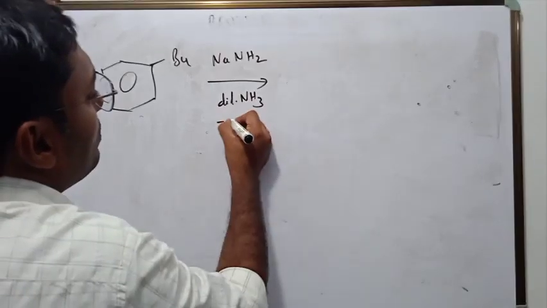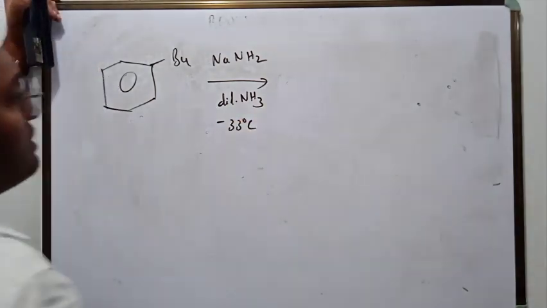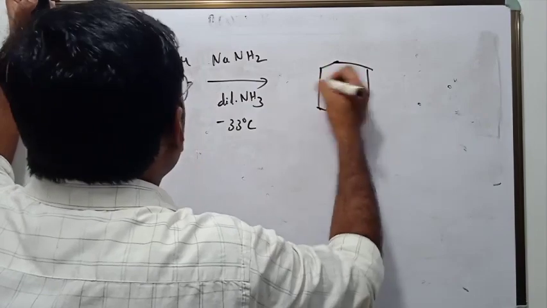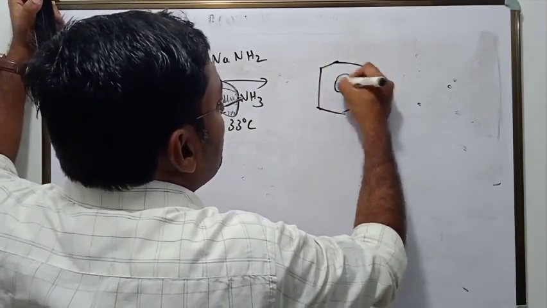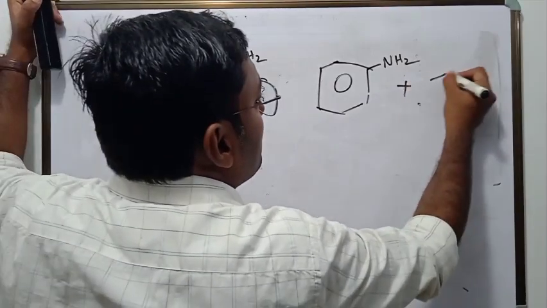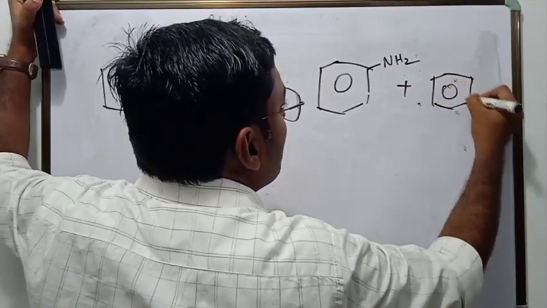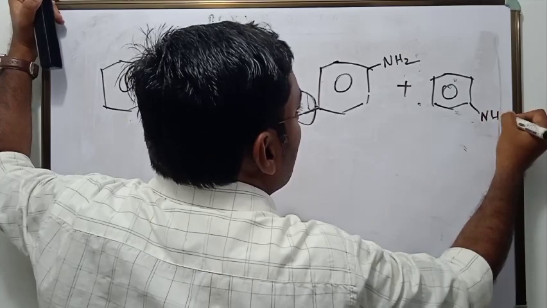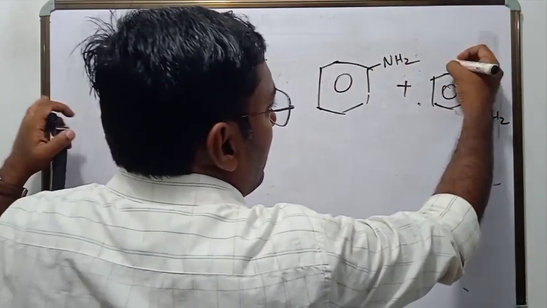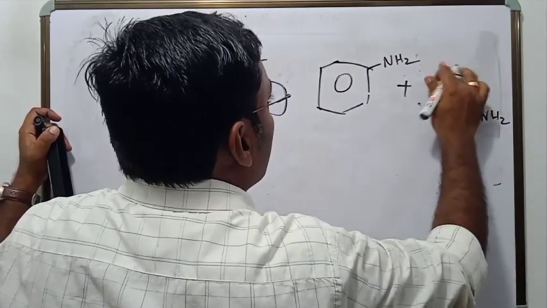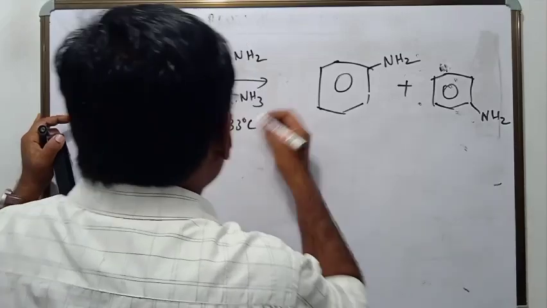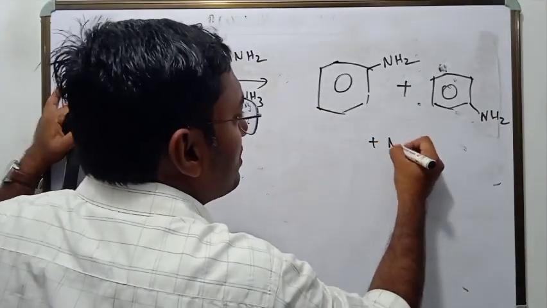You don't need to give temperature, minus 33 degrees Celsius is enough. Aniline is formed at a rapid rate. So this is the aniline formed at a rapid rate, and of course there is another aniline formed, and both the anilines are formed at a very rapid rate. Of course NaBr is also formed.